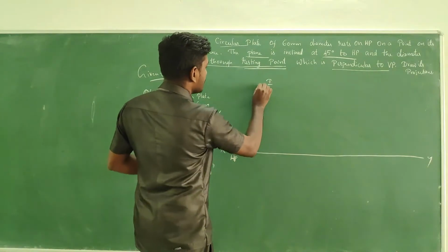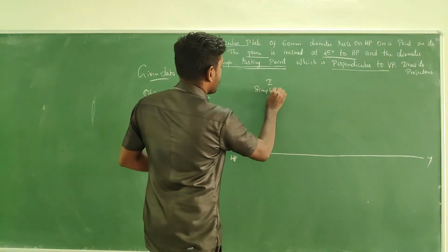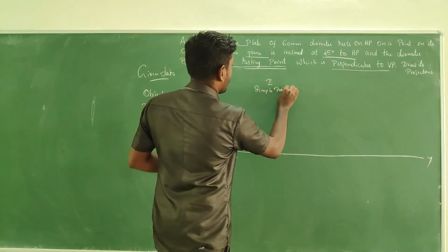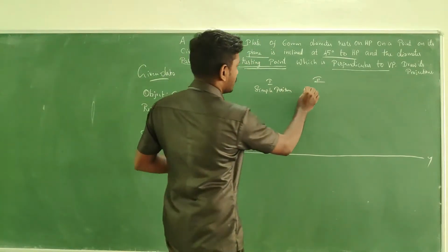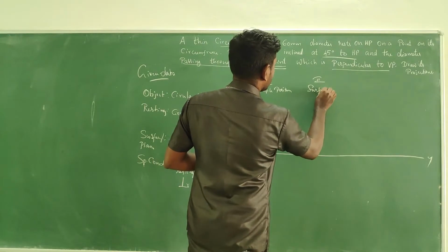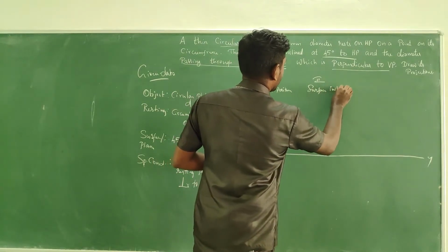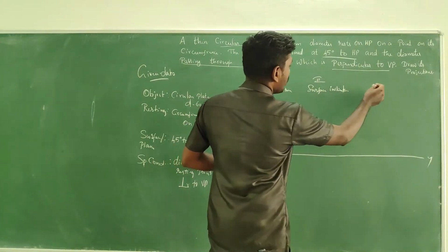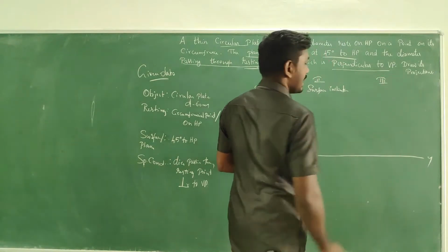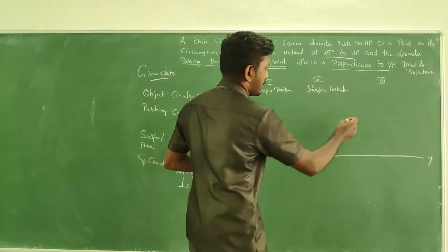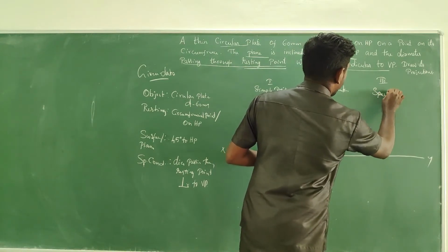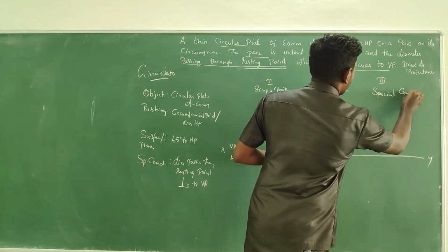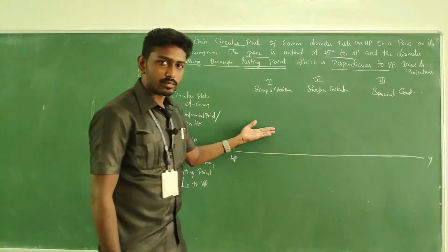First one is the simple position. Second one is the surface inclination. And the third one is the edge or the special condition. Here a special condition is given.